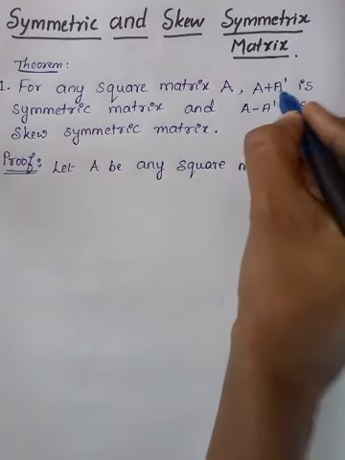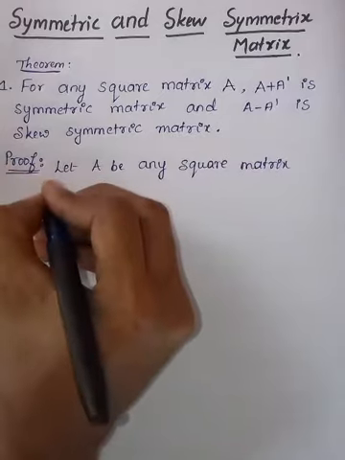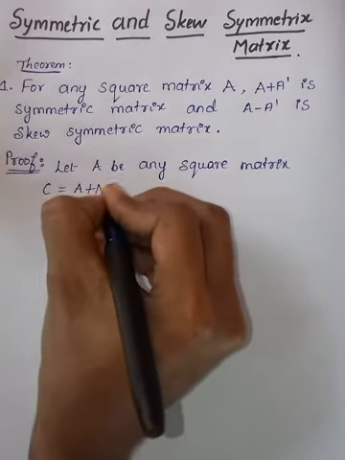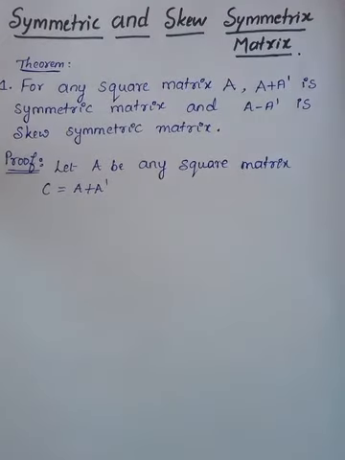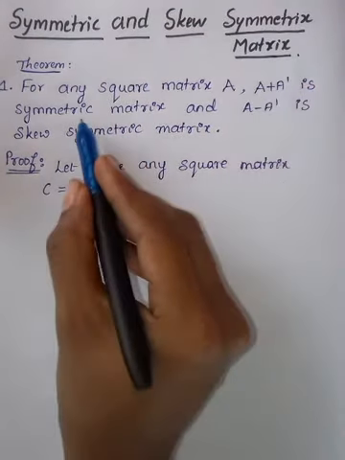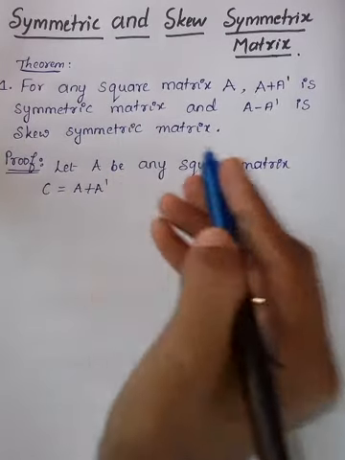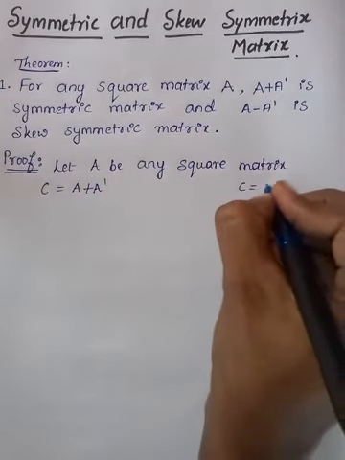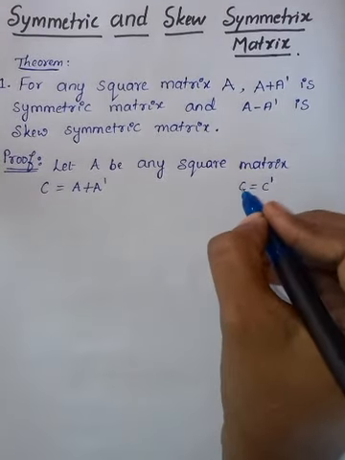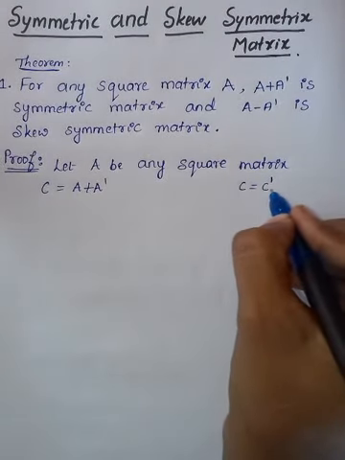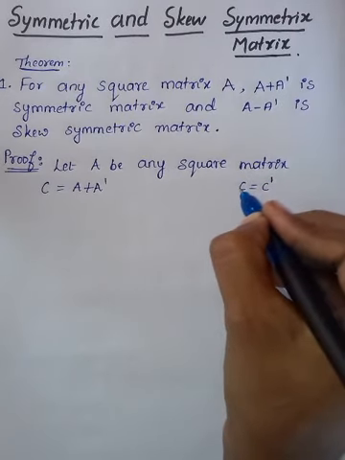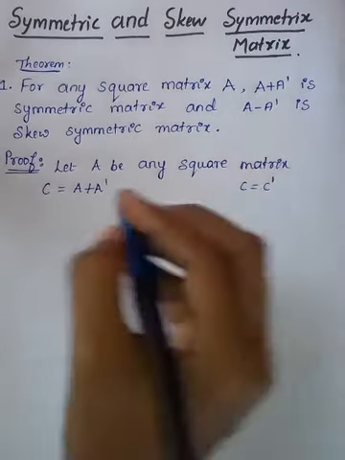To show A plus A transpose is symmetric, take C equal to A plus A transpose. We have to show C is equal to C transpose. That is the condition: when C is equal to C transpose, then that square matrix is a symmetric matrix.